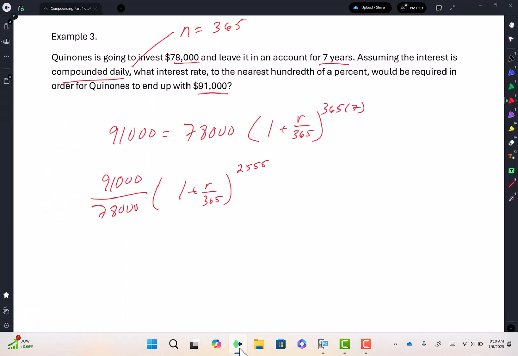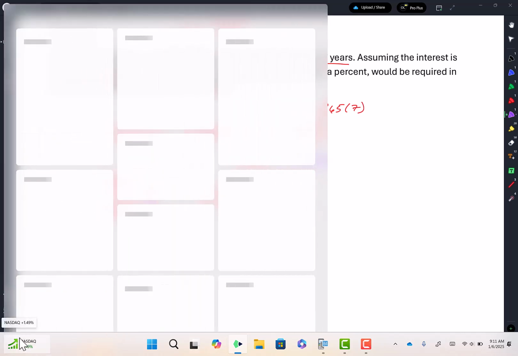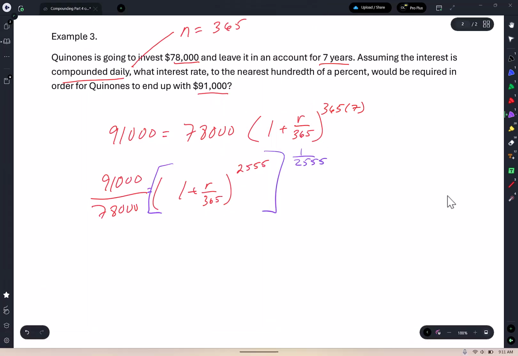All right, I'm going to go ahead and raise this side to the 1 over 2555. Whatever you do to one side, you do to the other. So I'm going to raise that to the 1 over 2555.